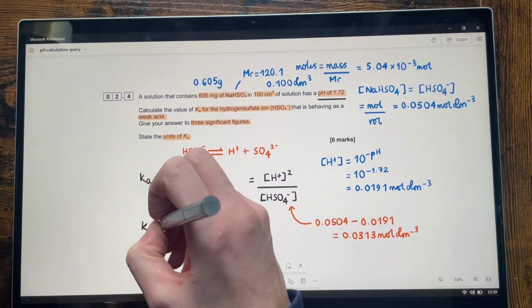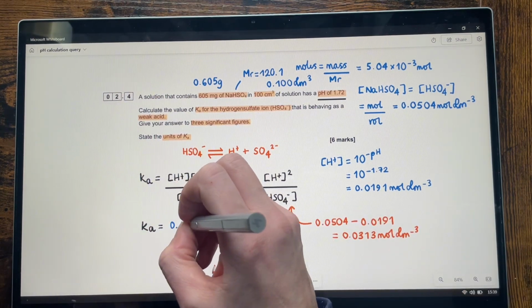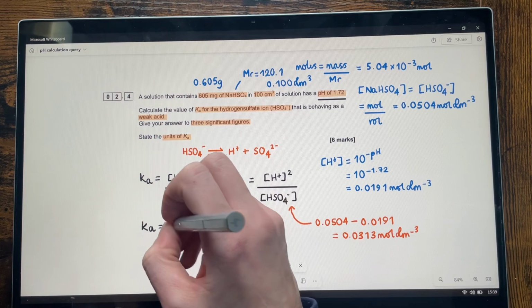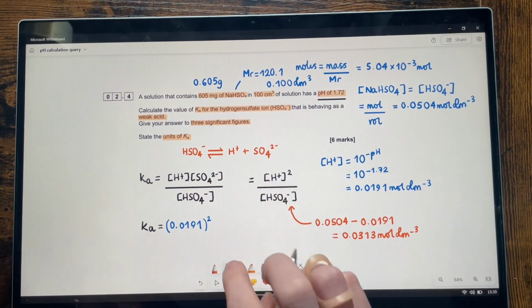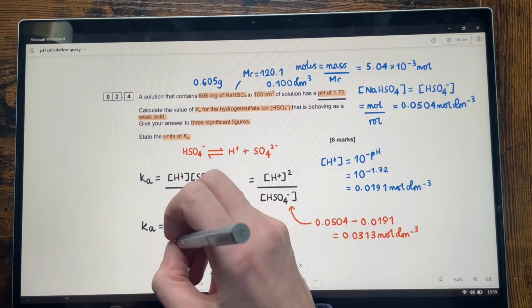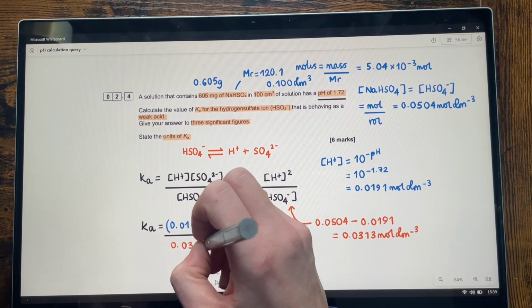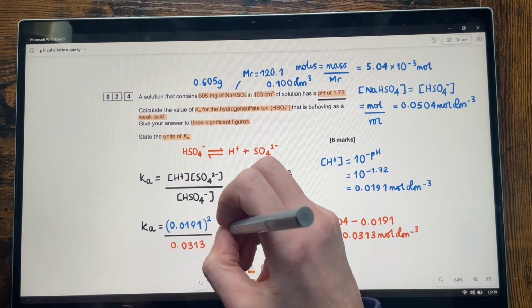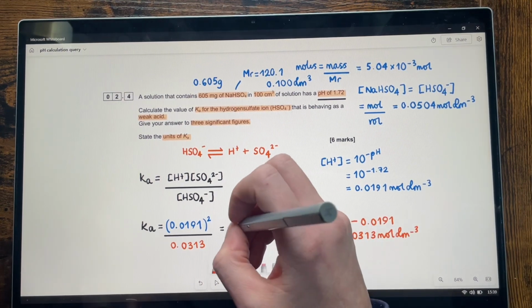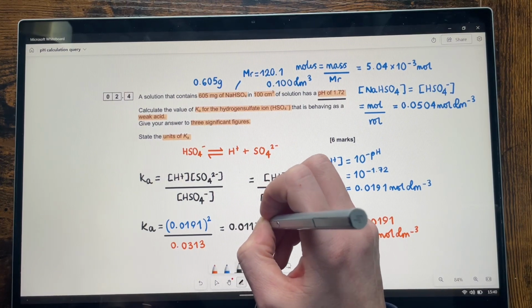So Ka is equal to 0.0191 squared divided by 0.0313, and that gets me an answer for Ka of 0.0117.